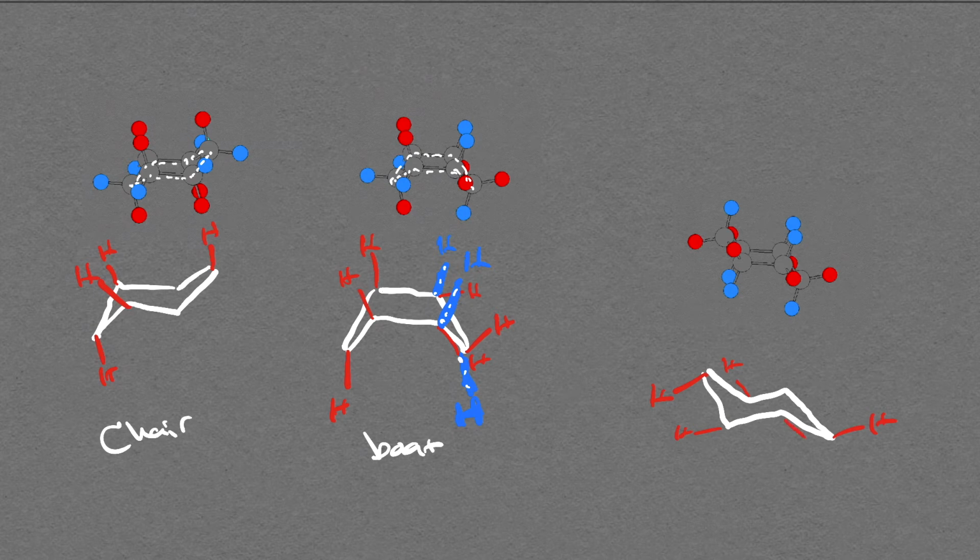Points that way, that way, that way. And now you can see we're back in a chair configuration, except the red hydrogens are all pointing equatorially, like on the globe, like they're pointing out from the equator. So these are your three sort of metastable configurations.